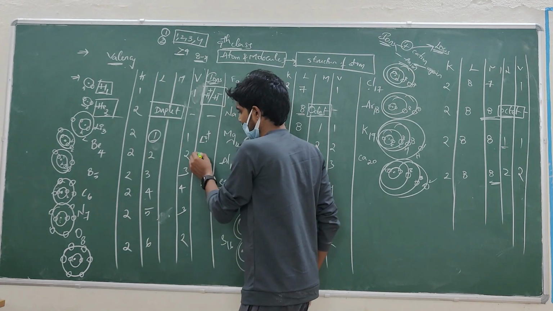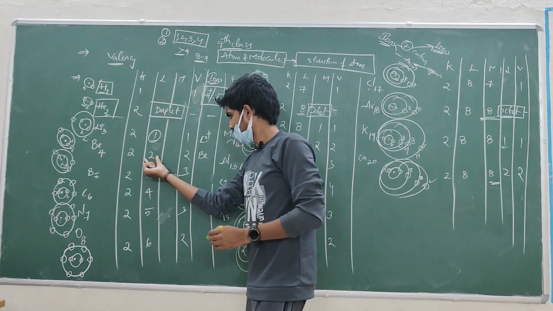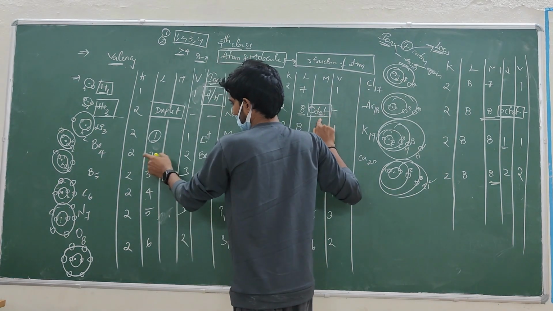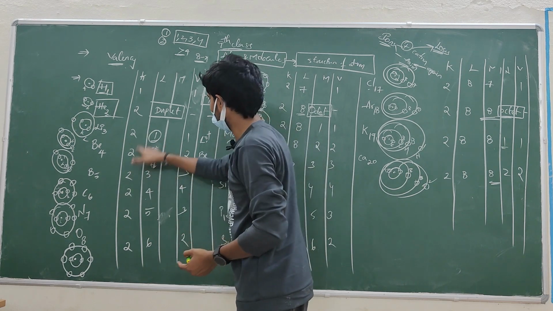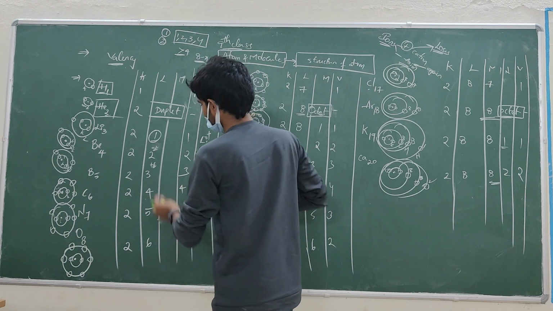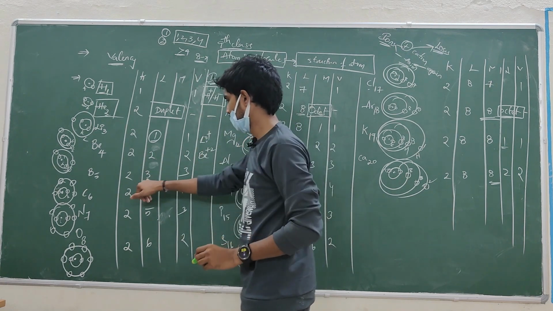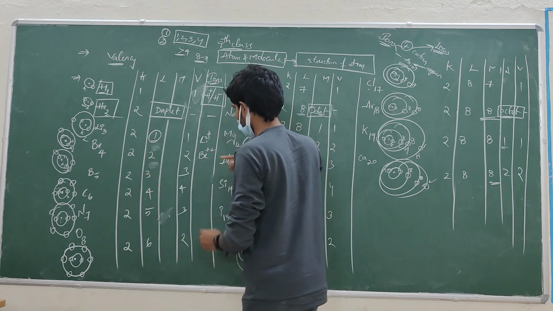Suppose you consider beryllium. It has 2 electrons. To get 8 electrons, it needs to gain 6 electrons or lose 2 electrons. Then it gets a duplet structure, so it simply chooses to lose and becomes plus 2. Boron has 3 electrons, so either lose 3 or gain 5.